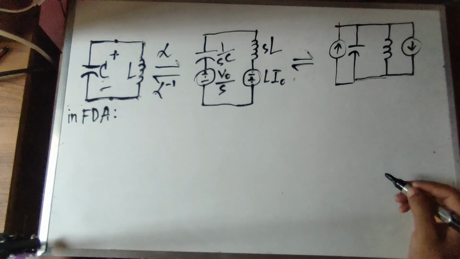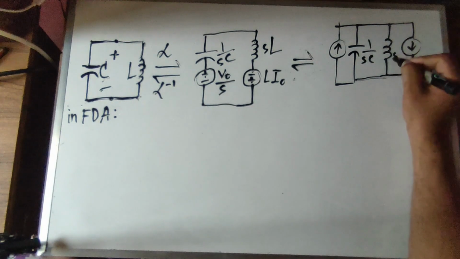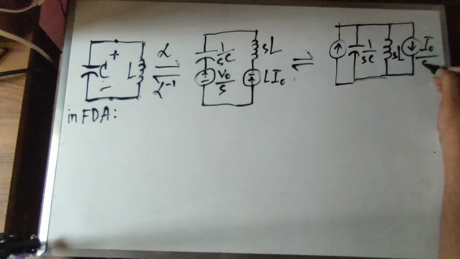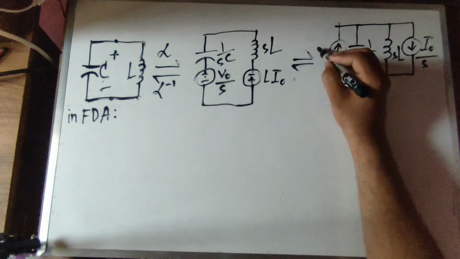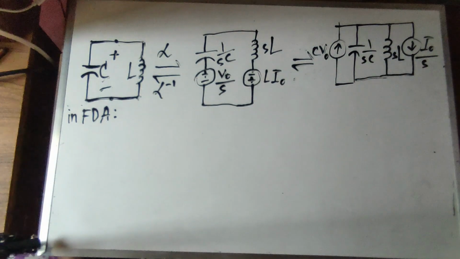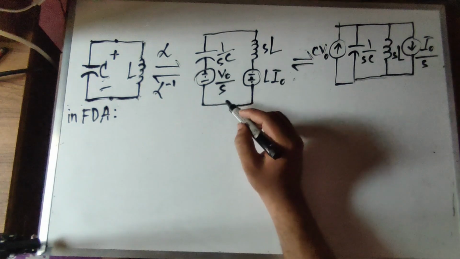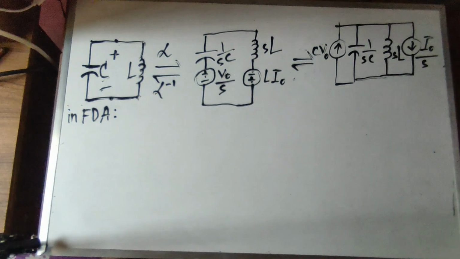For the current source analogy, the initial current is I0 by s, a DC current, and the capacitor's initial source is C V0. So we will use this circuit for KVL and this circuit for KCL.